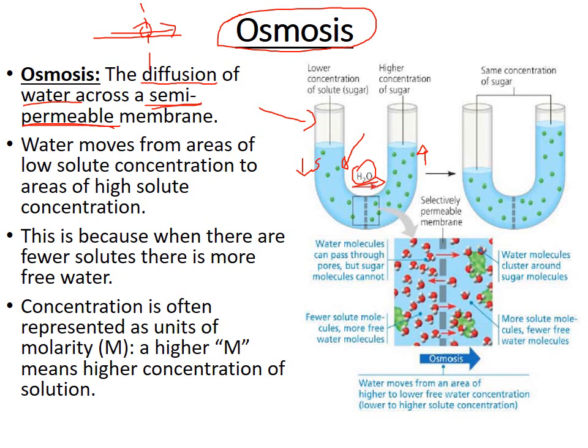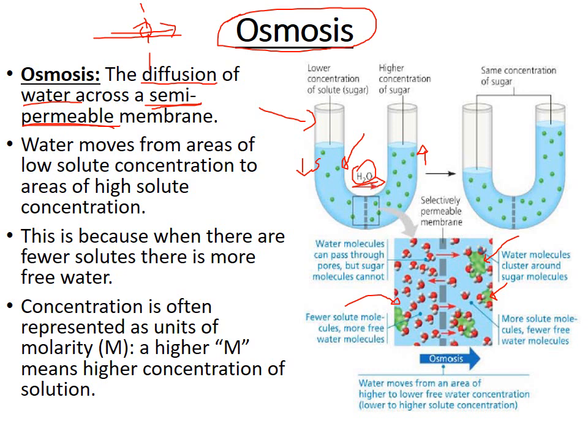And the reason for that is because solutes tie water up. Water is attracted to many solutes. So on this side over here, where you have a lot of solutes, water is tied up. It's not free water anymore. So there's fewer free water molecules when there's more solutes.